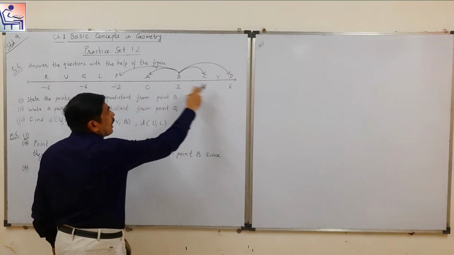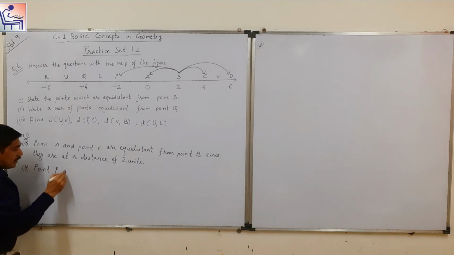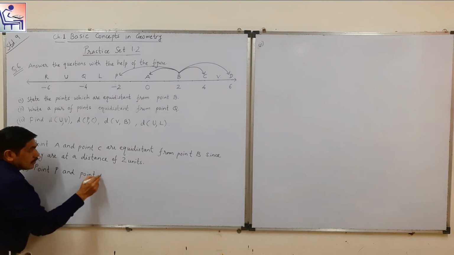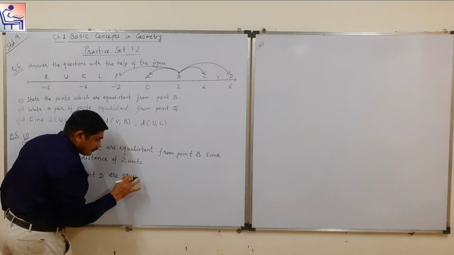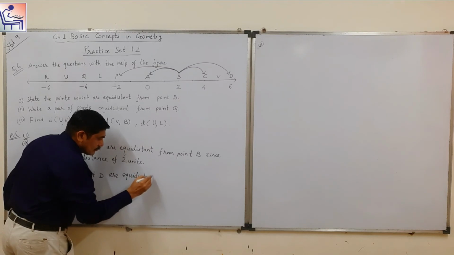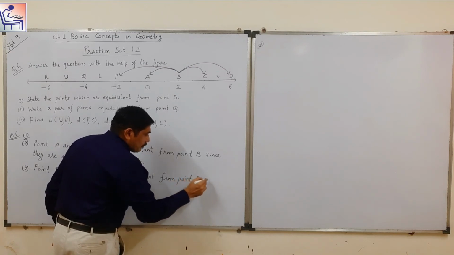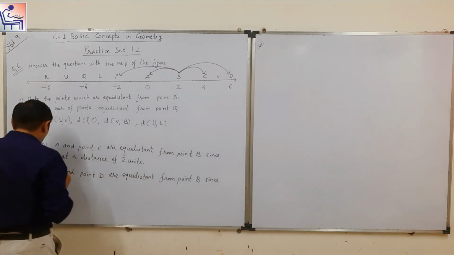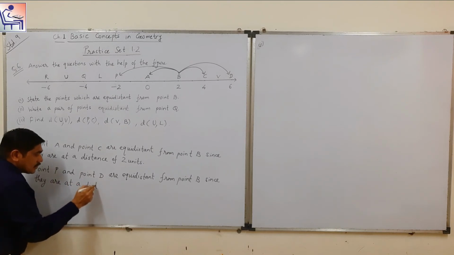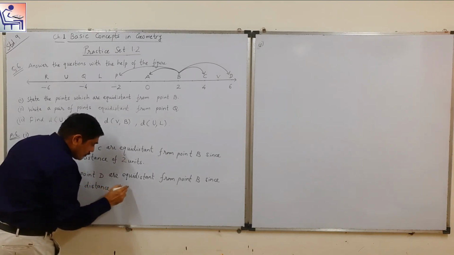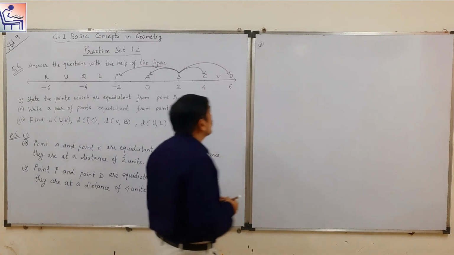Here you can see point P and point D. Point P and point D are equidistant from point B since they are at a distance of 4 units. Now question number 2.